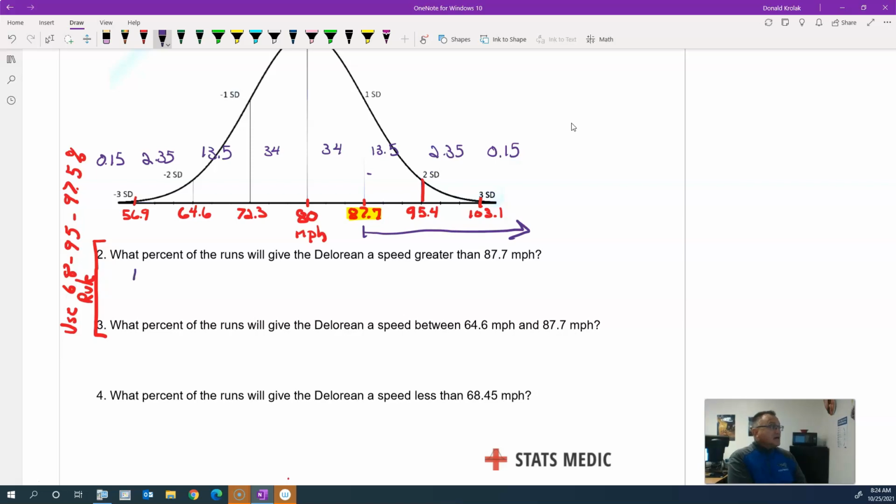So I'm just going to add up those percentages. 13 and a half, 2.35. And my answer is 16%. So that's what you did last week.